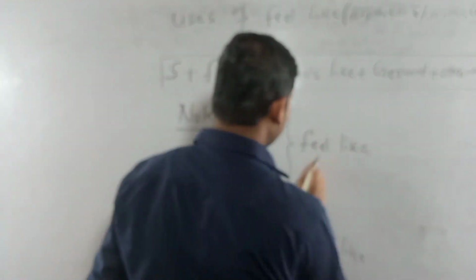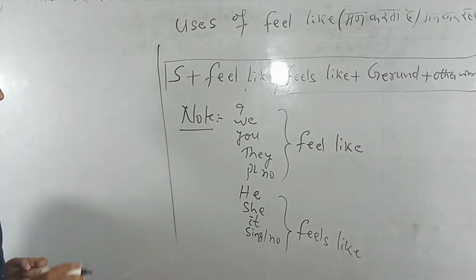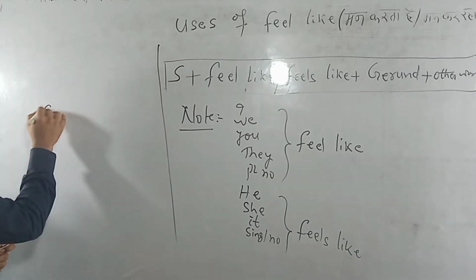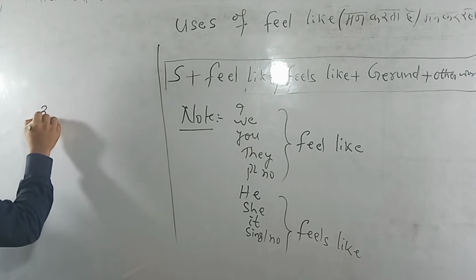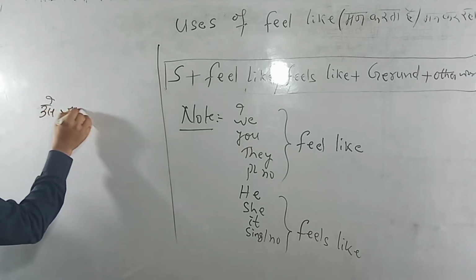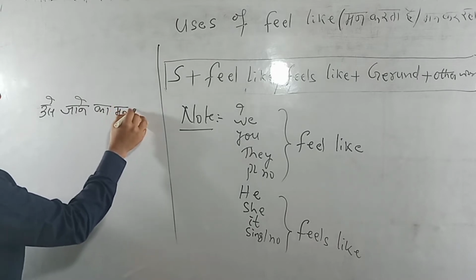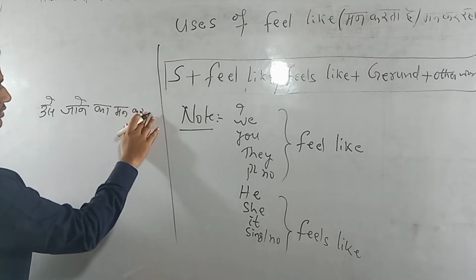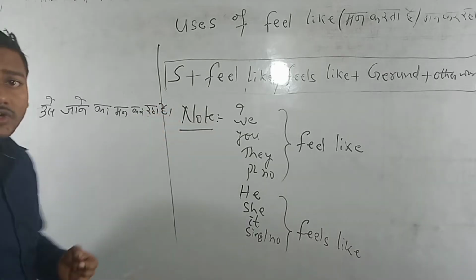So simply example I take here. वह या उसे जाने का मन कर रहा है. So how to translate into English?